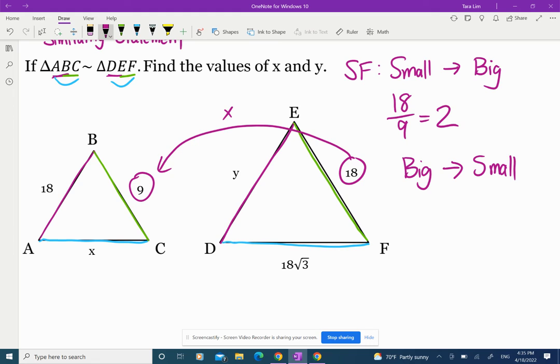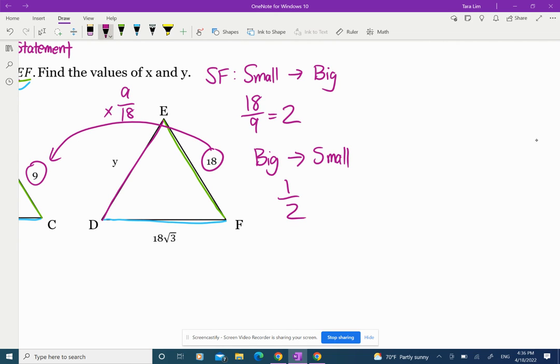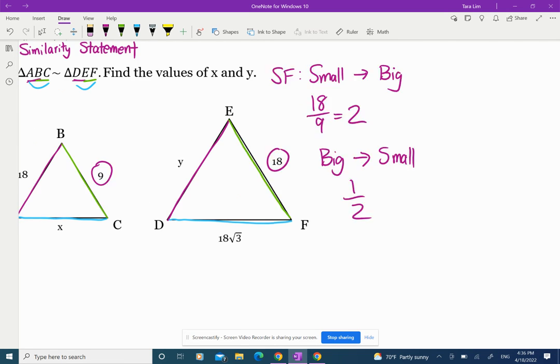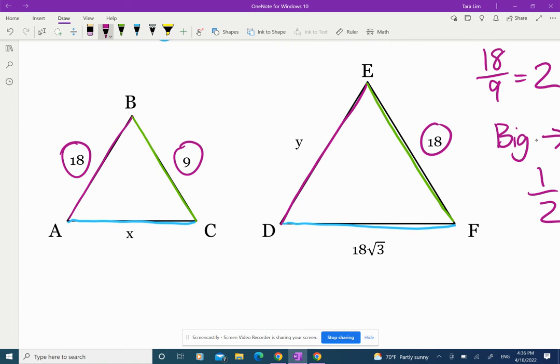This time it's going to be less than 1 because 9 is smaller than 18, so it is 9 over 18, which is equal to 1 over 2. So the scale factor from big to small is 1 over 2. I personally like to do it from small to big because this is not a fraction. So let's start solving for x and y.